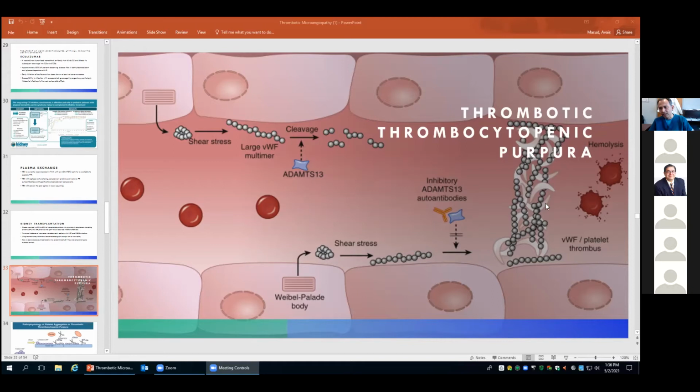Then the von Willebrand factor becomes very long and attracts other platelets, which is why it forms occlusion of the blood vessels, and then the whole cascade starts. It also involves many organs. The most common or most serious are neurological, cardiac, and GI involvement. So this process is generalized to many parts of the body.